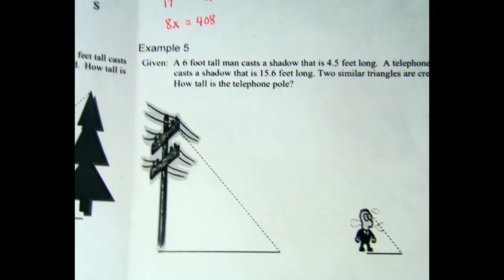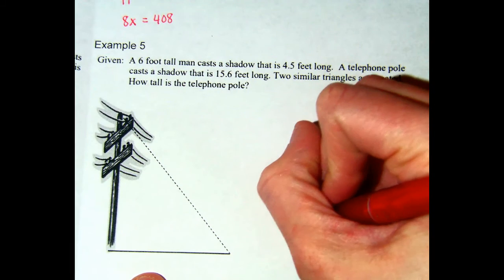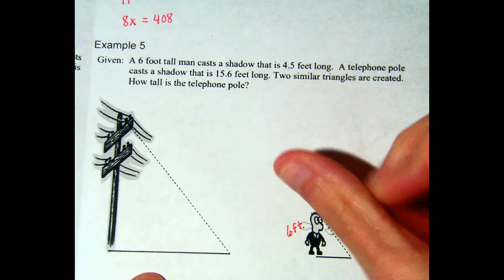Take a minute to look at example 5. Try that one out. Same process. Alright, a 6-foot tall man casts a 4.5-foot shadow.